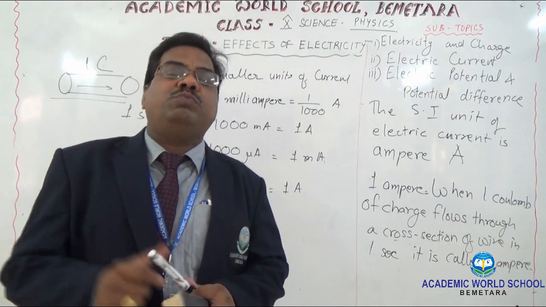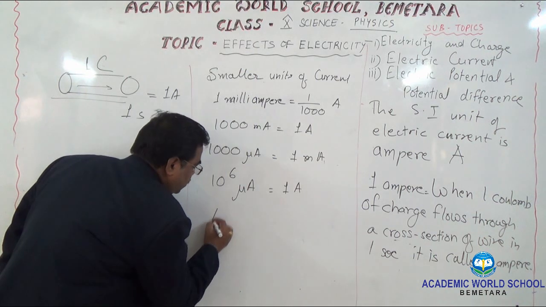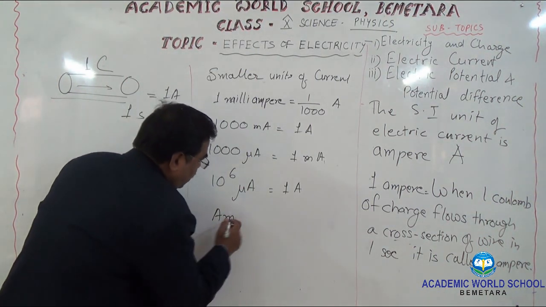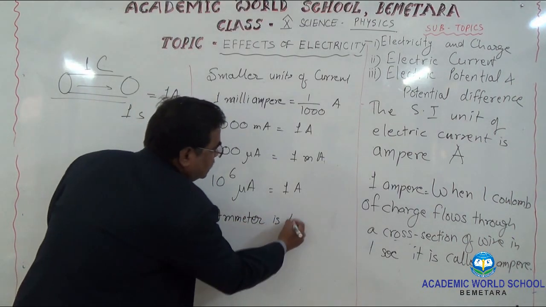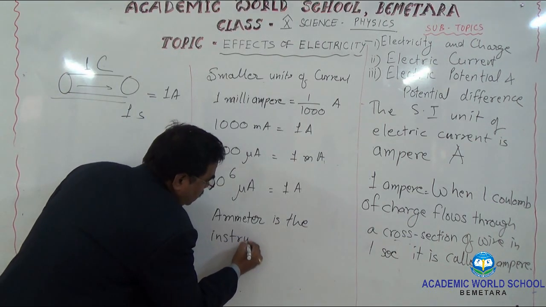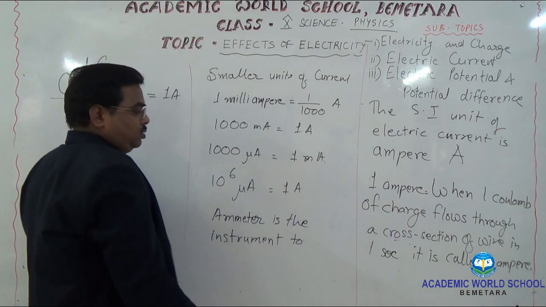The instrument to measure the current is the ammeter. Ammeter is the instrument to measure current.